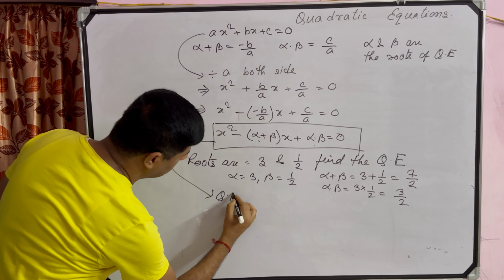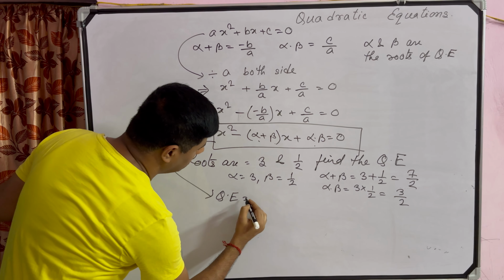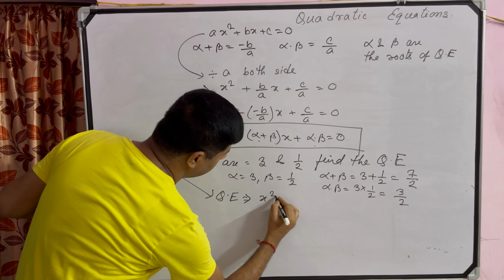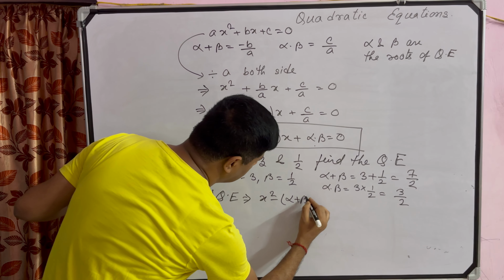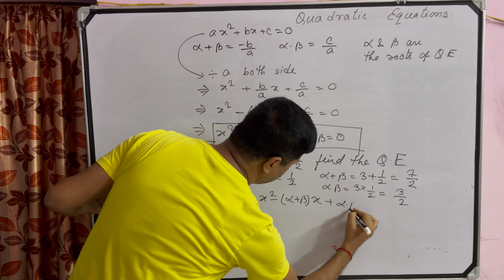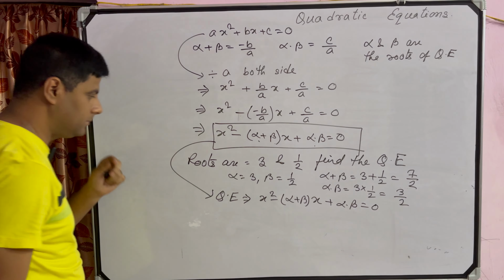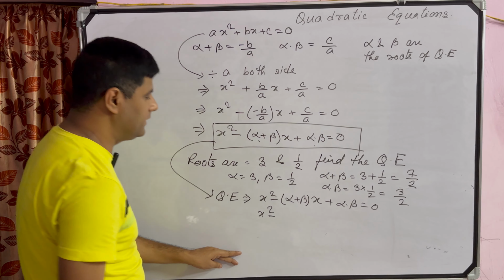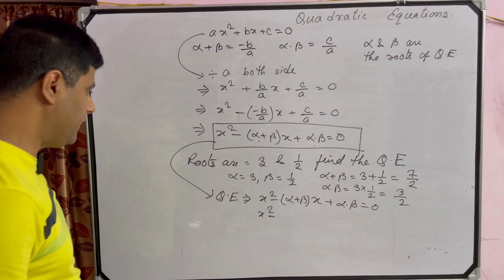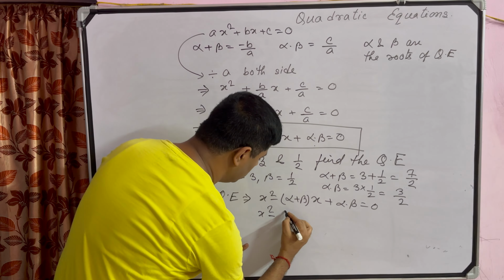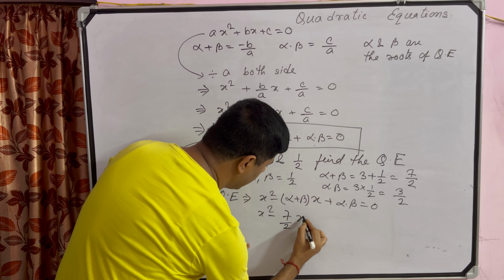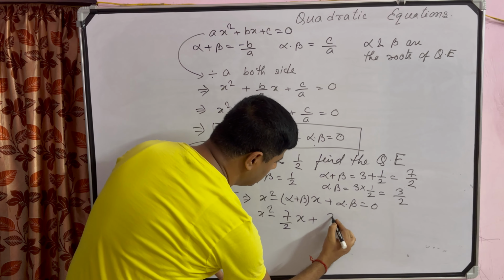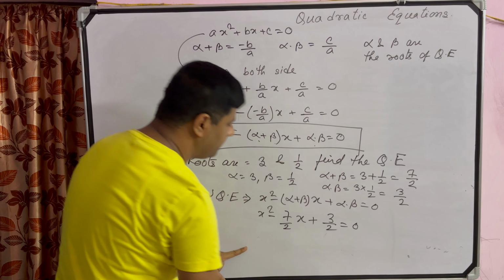So the quadratic equation will be x square minus alpha plus beta into x plus alpha into beta equals 0, which is x square minus, alpha plus beta is how much? 7 by 2, 7 by 2 into x plus alpha into beta, which is 3 by 2, equals 0.